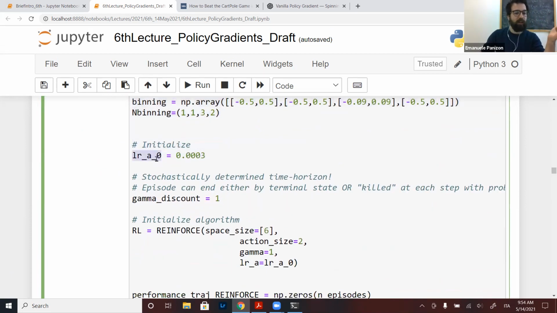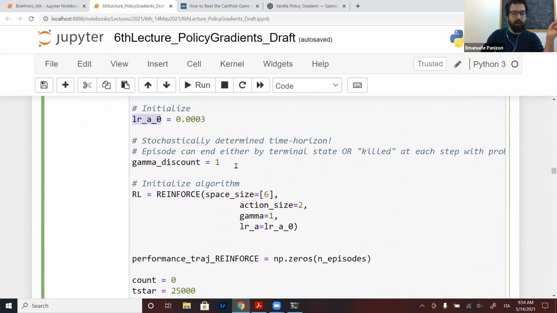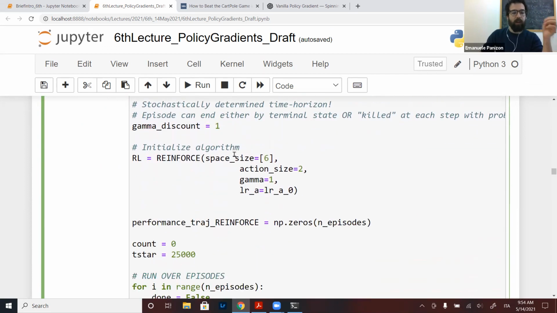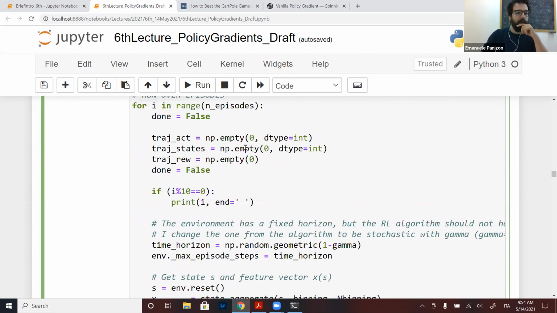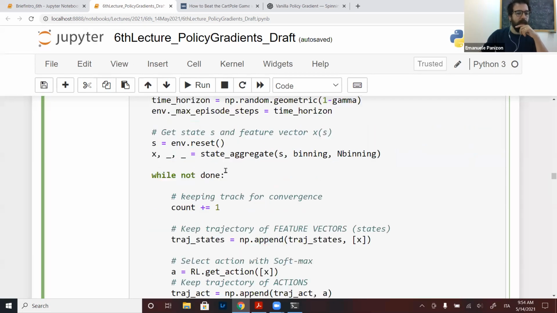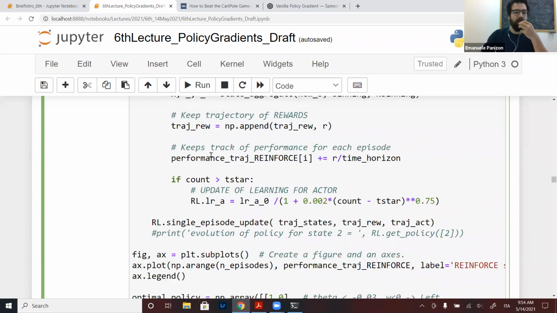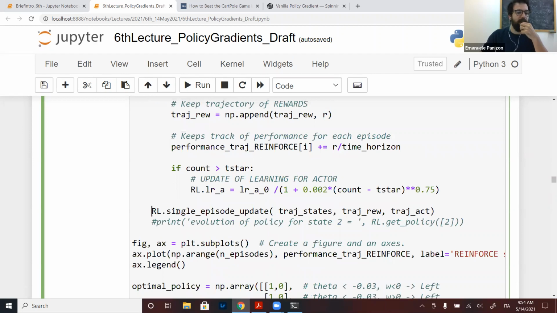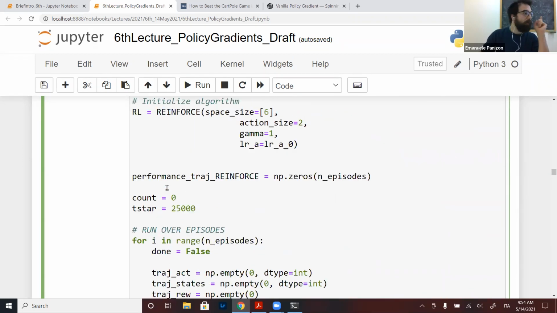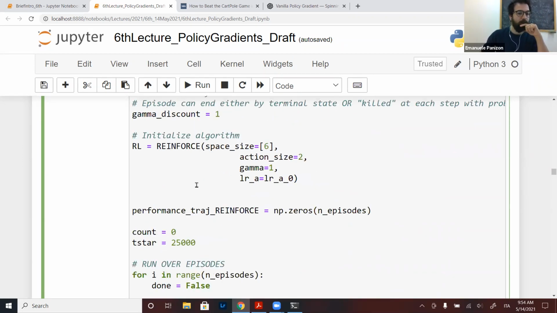This is the learning rate for the actor, and then I will do episodes, and inside the episode I will store the trajectories, and then I will store the performance, and at the end of each episode I'm going to do a single episode update, and then I will do many of them. One thing which is worth mentioning.